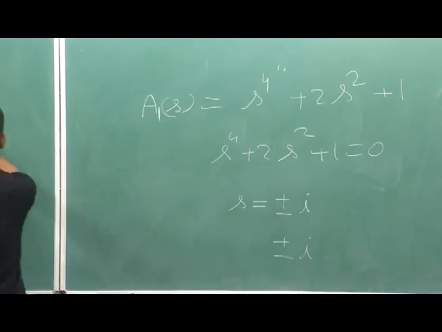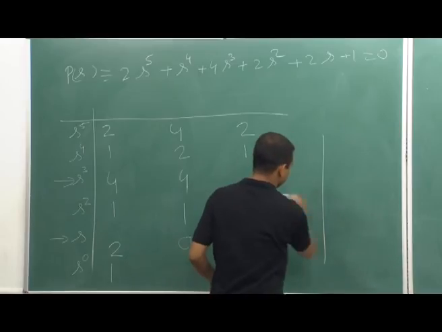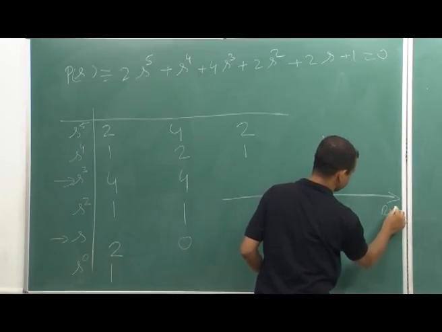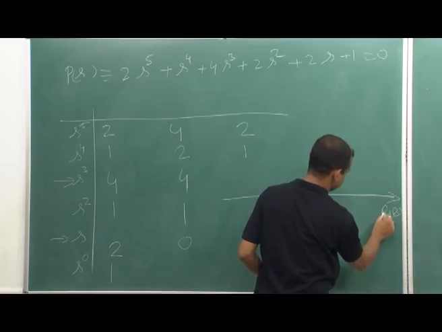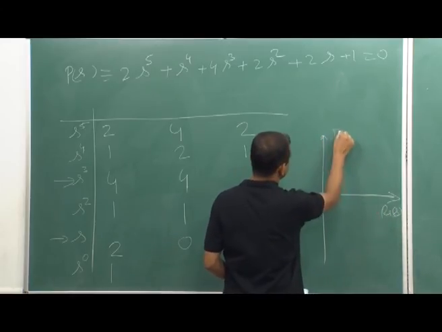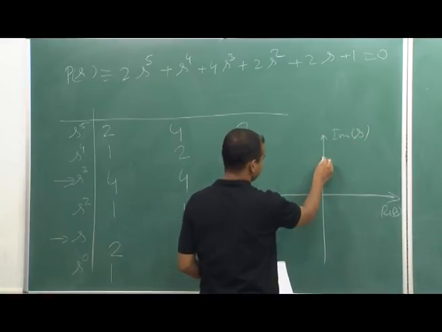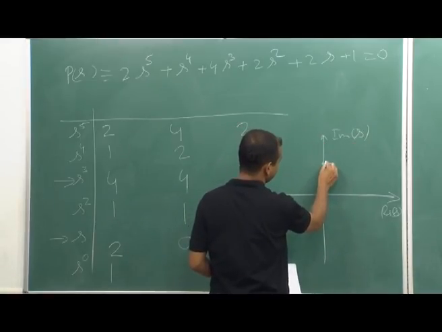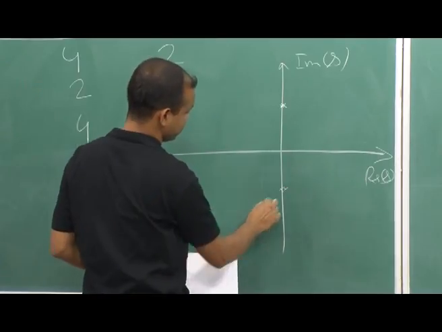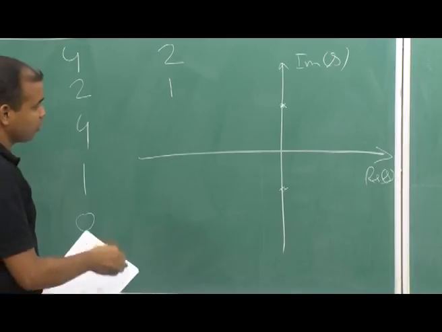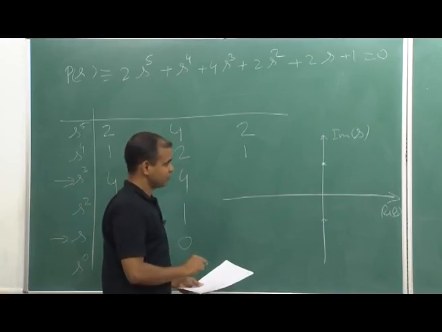If I write it on the complex plane, the real part of s and the imaginary part of s, I have two roots here and two roots here. So we have a double pole on the imaginary axis and my system will be unstable.